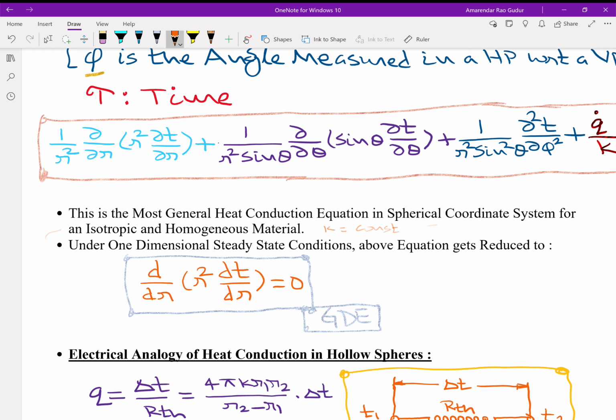And when we consider 1D steady state conditions without heat generation, all the terms get lost except the first term, since everywhere there is 0, and 1 by r square will go that side, it gets lost. Since temperature is a function of only r, one can replace the partial derivative del by del r by d by dr. It is the required governing differential equation for a sphere.